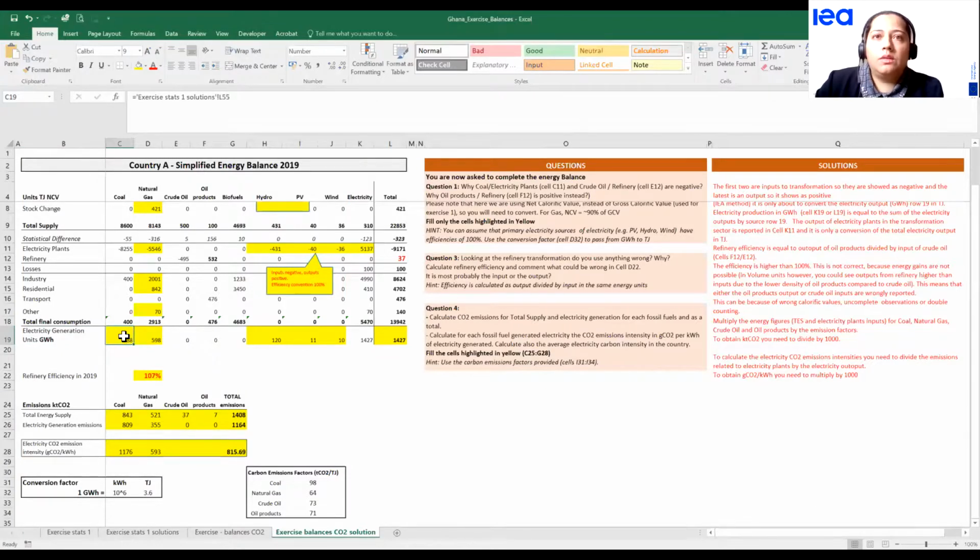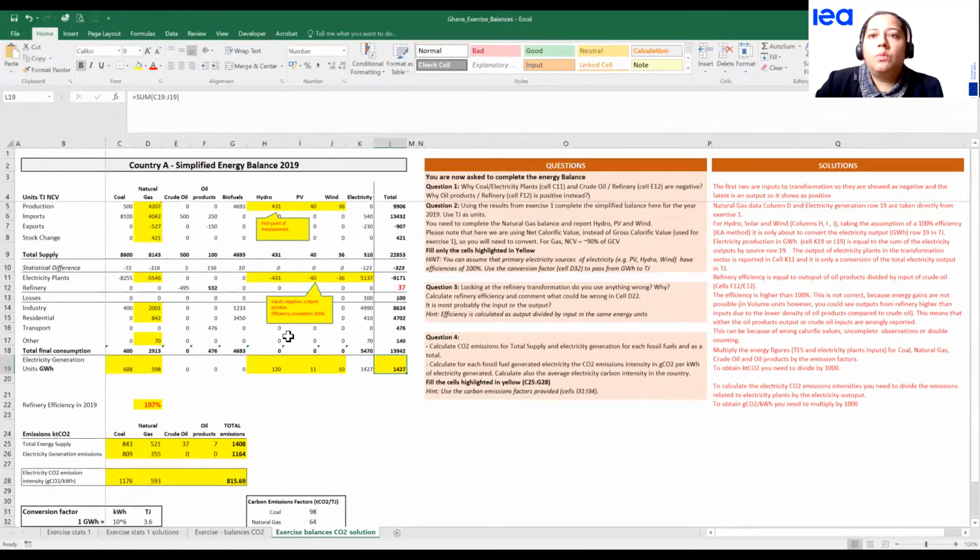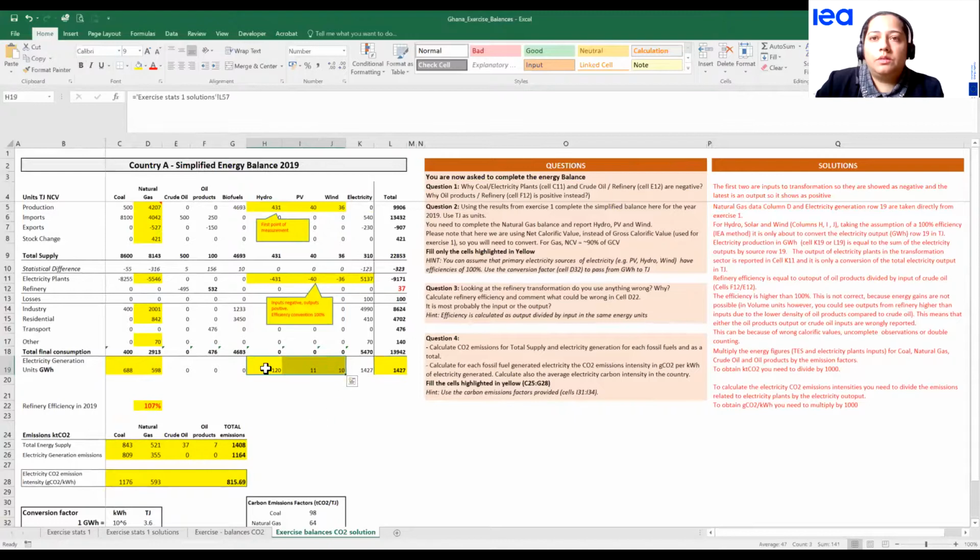With this, you will be able to compute all this, and this is just the sum. Once you have added your hydro, solar PV, and wind electricity generation, as we said, for them it's 100% efficiency.